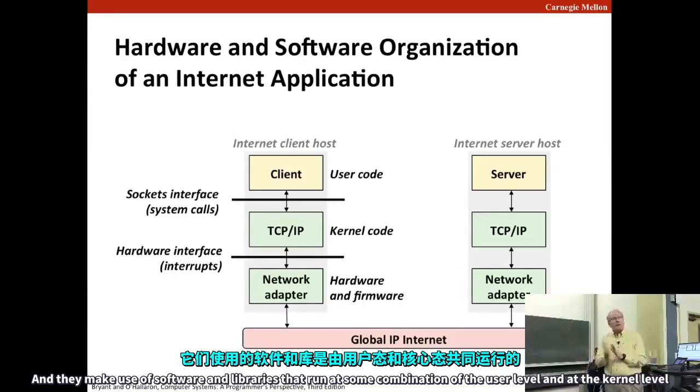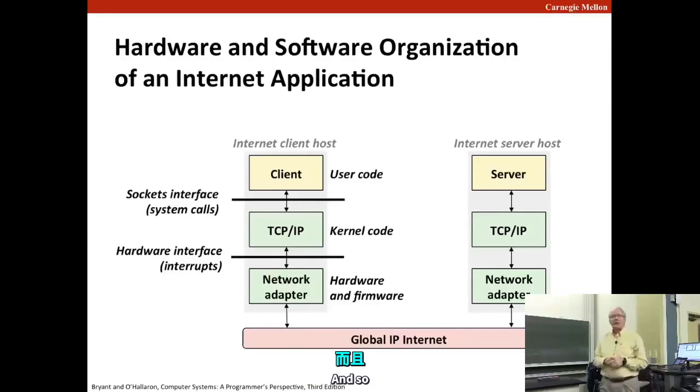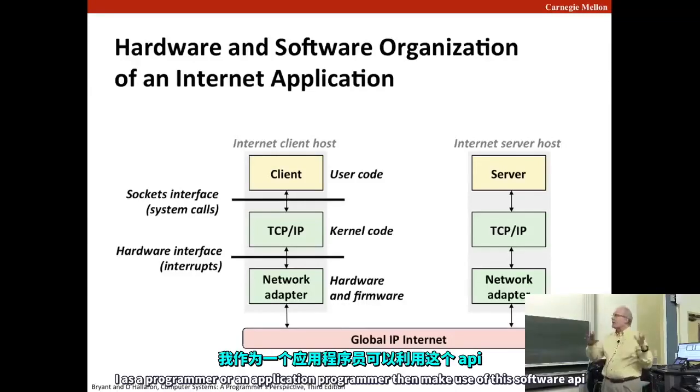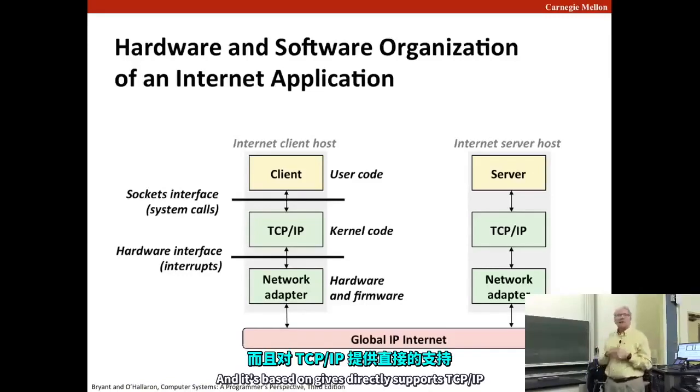And they make use of software libraries that run at some combination of the user level and at the kernel level, and therefore have access to direct resources. And so I, as an application programmer, make use of this software API that lets me do socket programming. And it directly supports TCP/IP.